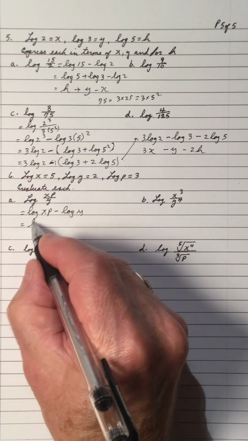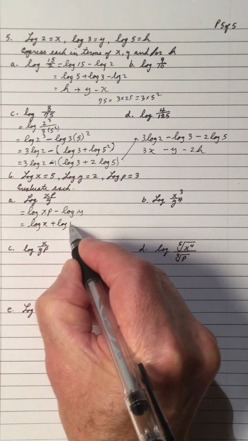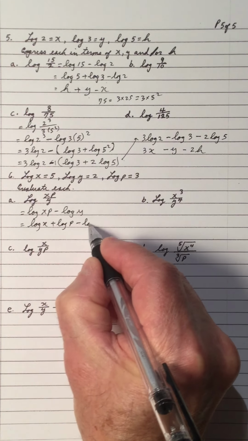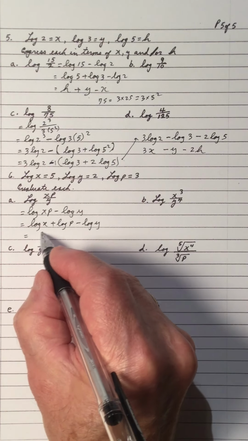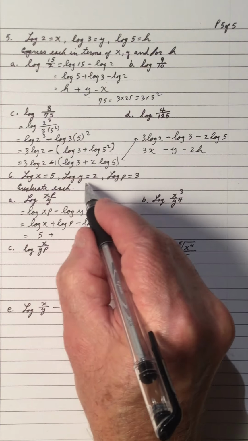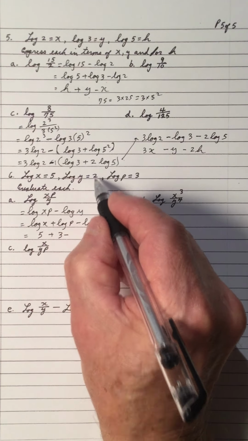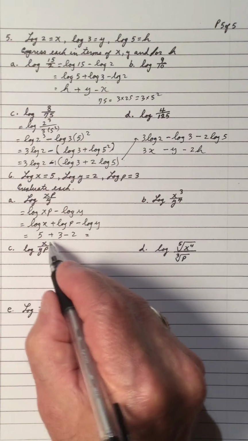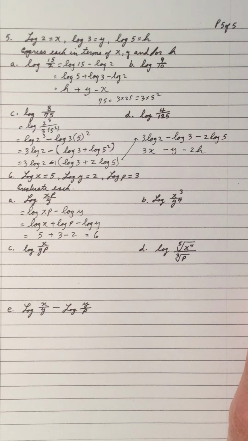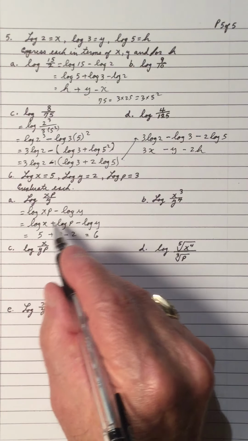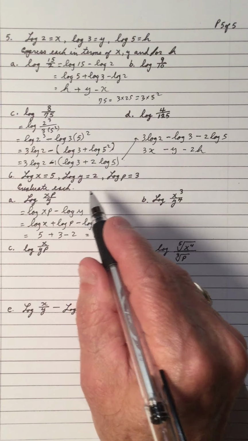This is the multiplication, so this is the log of x plus the log of p minus the log of y. So the log of x is 5. The log of p is 3. The log of y is 2. And 8 minus 2 is 6. So you just take your time and break it right down as far as you can, and then fill in what the log x, log y, log p is.